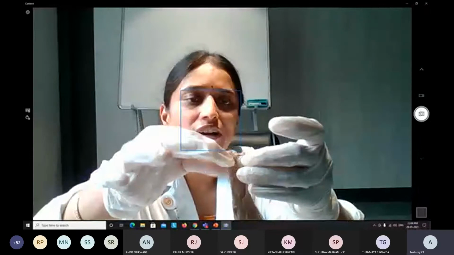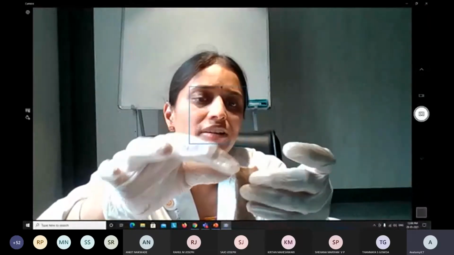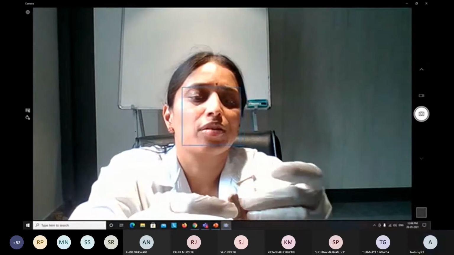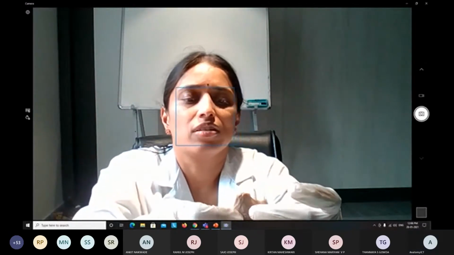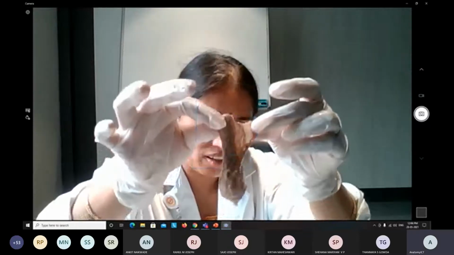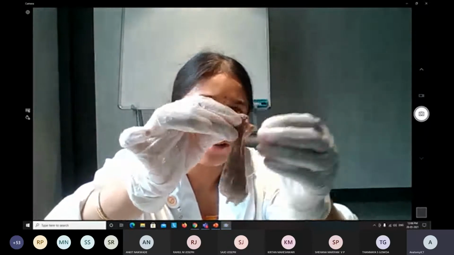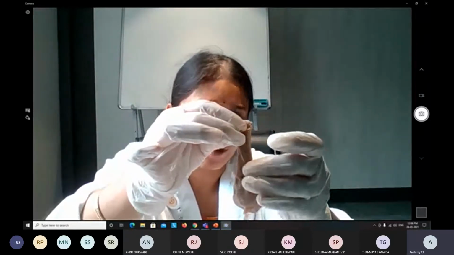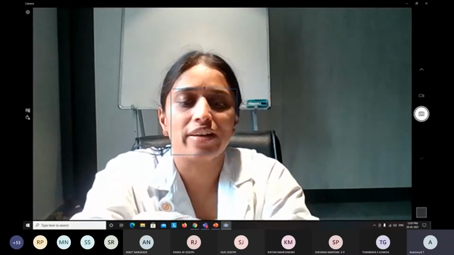It is covered by the external spermatic fascia, then the cremasteric fascia and the internal spermatic fascia. Now you should know the derivation from which these layers are derived.